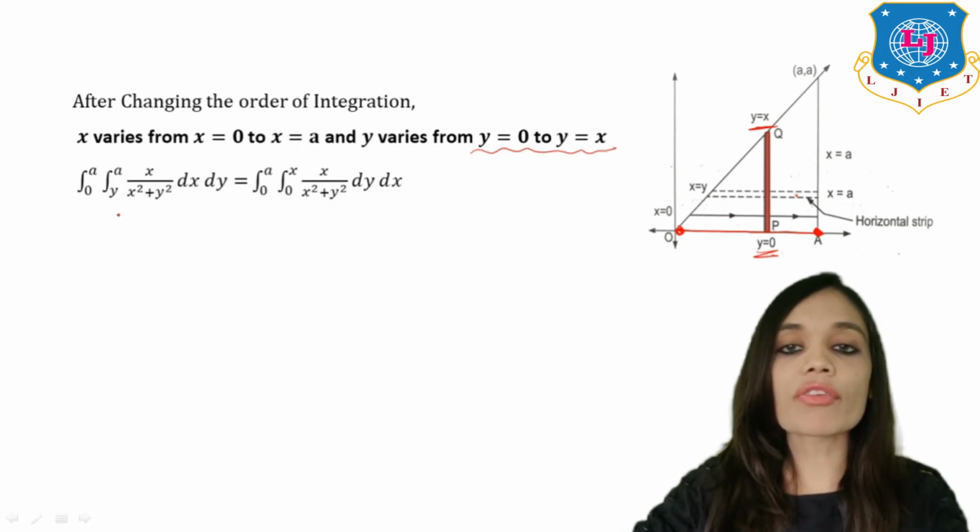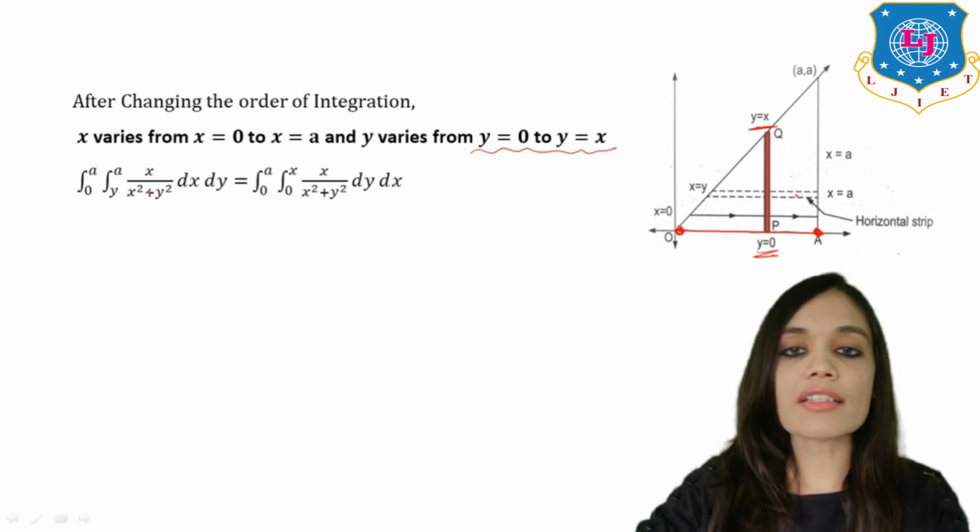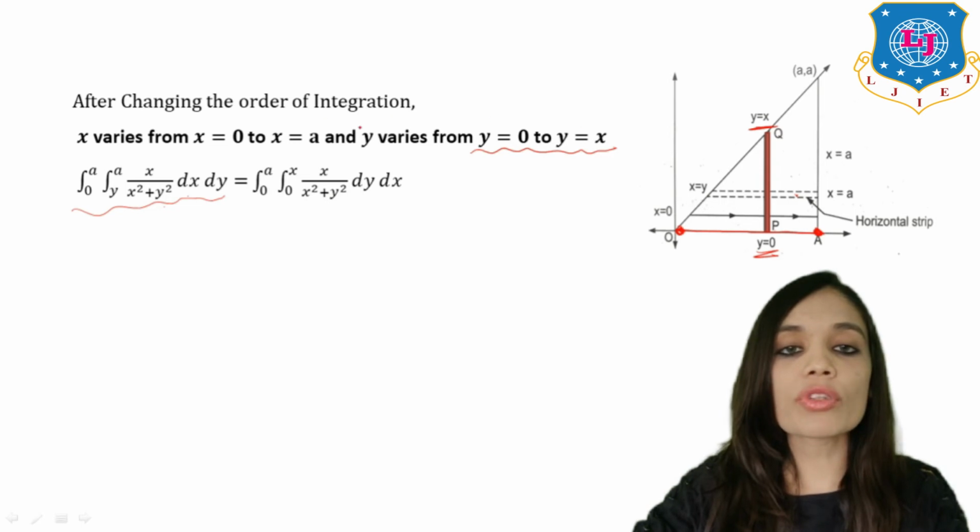Okay, so now our question is given as integration 0 to a, integration y to a, x upon x square plus y square dx dy. Right, this is our given question. Now let us change the order and put the new limits. So here firstly we will put the limits of y because it consists of the variable x.